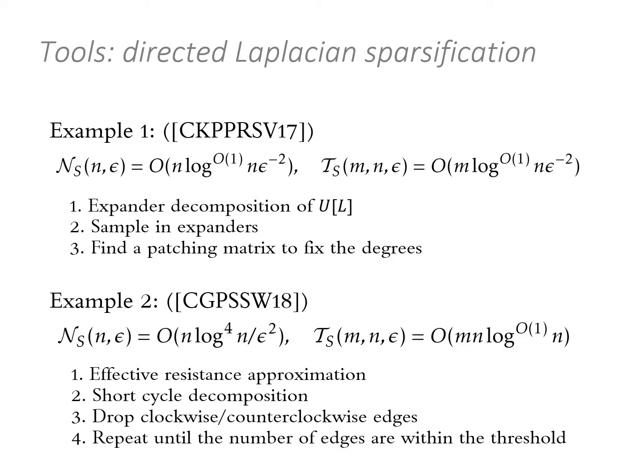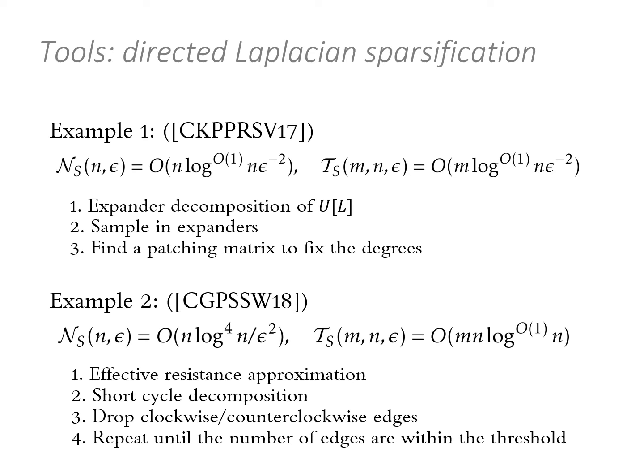Let me give you two examples of directed Laplacian sparsification which satisfy our conditions. The first one runs in near linear time. Firstly, do an expander decomposition to the symmetrization of L, and then sample the entries in each expander so that the error matrix can be asymmetrically bounded by the degree matrix of this expander.